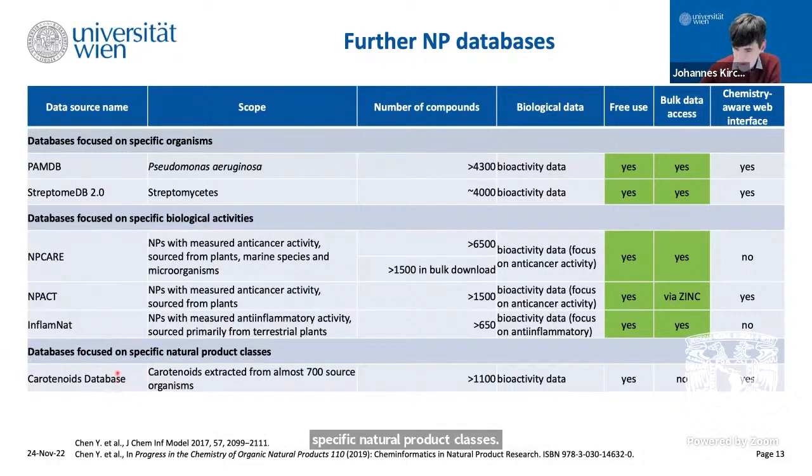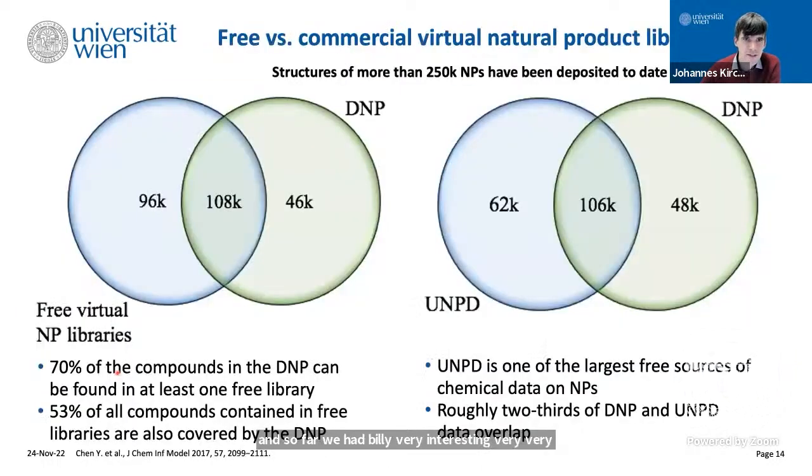So there's a lot out there nowadays that we can use for screening. And in our group we have very recently employed more and more machine learning based approaches for virtual screening for natural products. And so far we have had very interesting, very promising results with that.